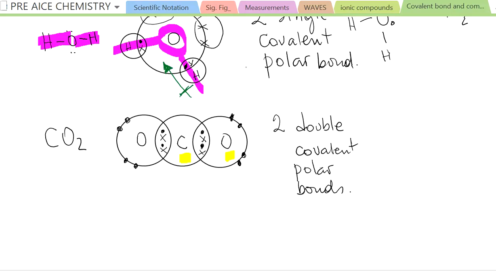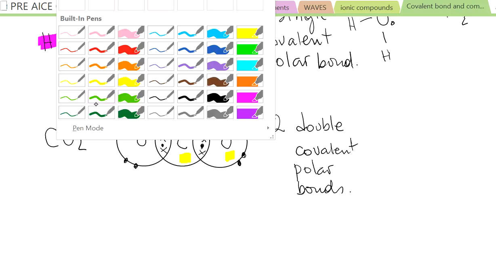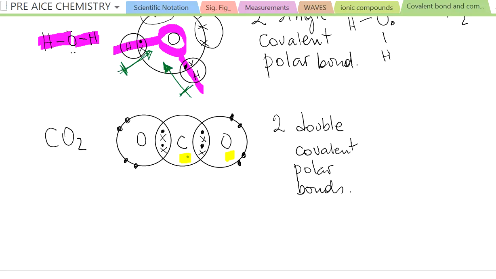So in this case, I have another dipole moment, and we represent that with an arrow that has kind of a cross in the beginning. Is that okay, guys? Okay, so we are going to do the same thing for this one. Who is more electronegative, we said? This carbon or this oxygen?